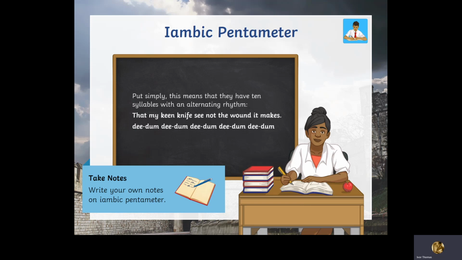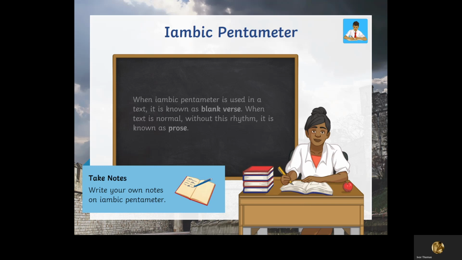In very basic terms, it's 5 beats per line. And I'm sure there isn't an English teacher out there who hasn't said "dee-dum, dee-dum, dee-dum, dee-dum, dee-dum," that my keen knife see not the wound it makes. You see how the lines can be read in 5 beats.